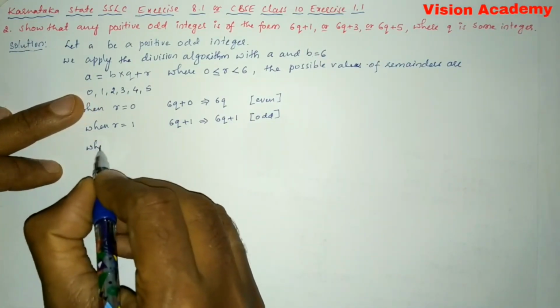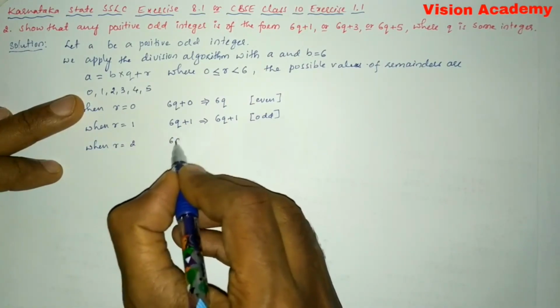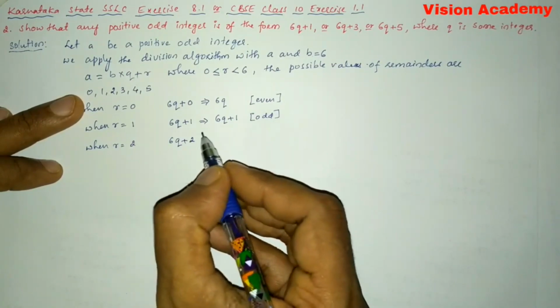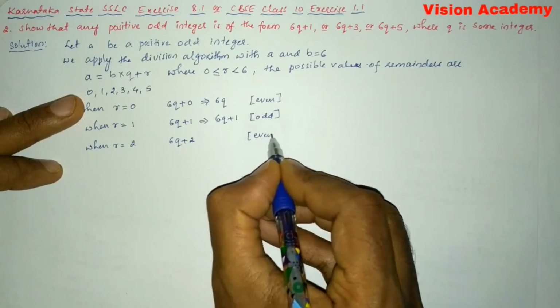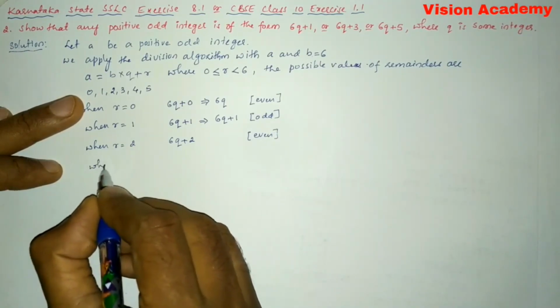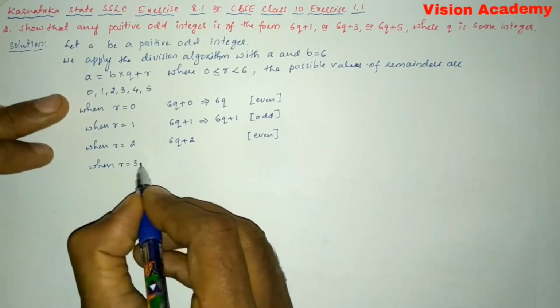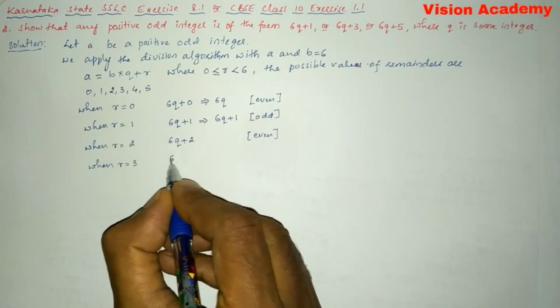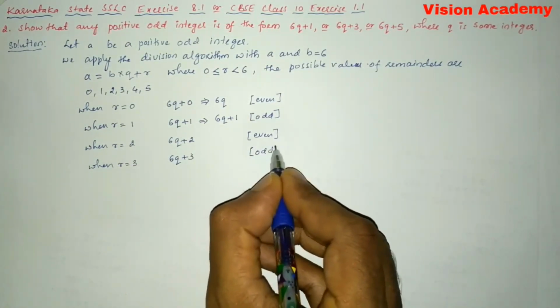Next we'll substitute r equal to 2, that is 6q plus 2. This is even. Now when r is equal to 3, here 6q plus 3. So this one will become again odd.